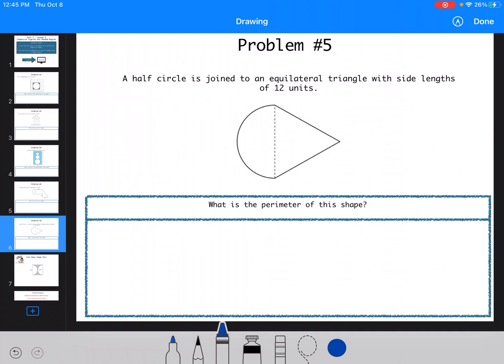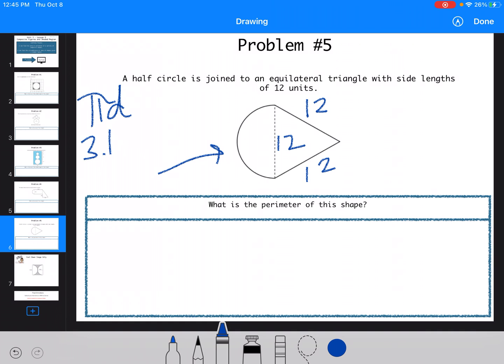All right, the next one says a half circle is joined by an equilateral triangle. So that kind of gives me some information. And it says all the side lengths are 12. So they want to know the perimeter of this shape. So I'm going to have to find the actual circumference of half of a circle. So my formula is going to be pi d.